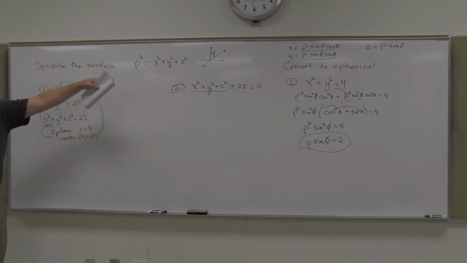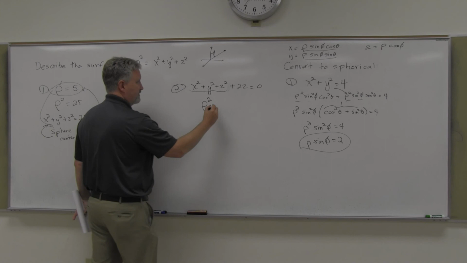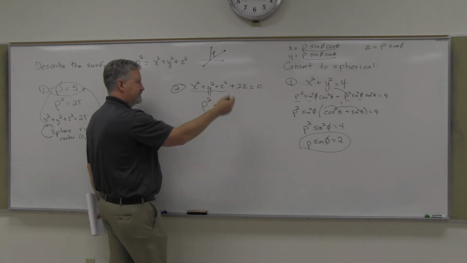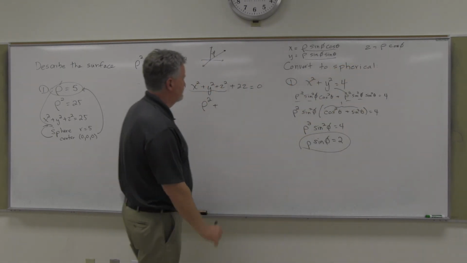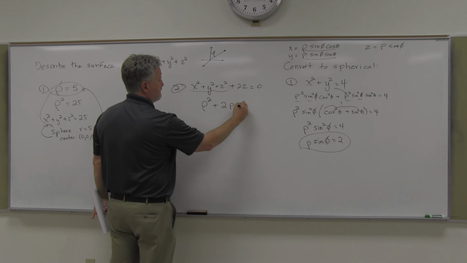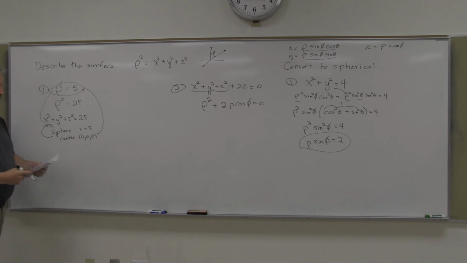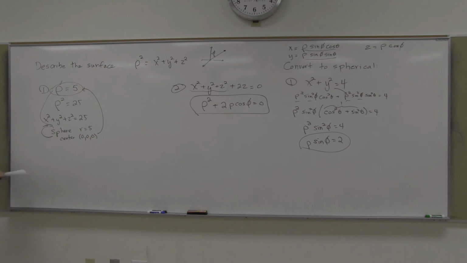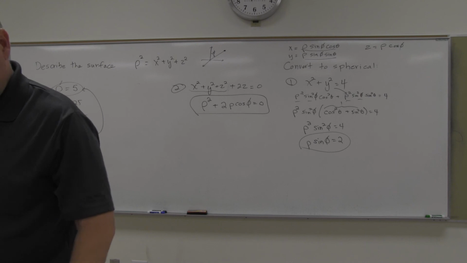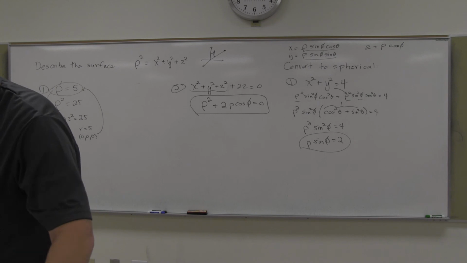It can just be turned over to rho squared. I still have z, so I need it in spherical. That's where we would use rho cosine phi. That would be good enough conversion there. No simplifying, I don't think. Is that right? Okay, now.